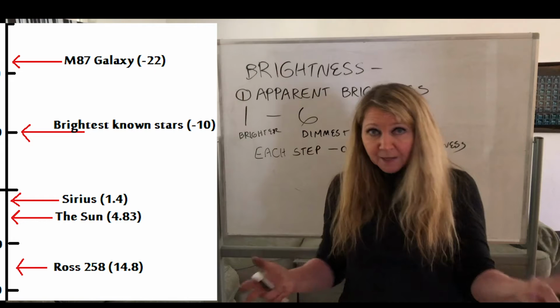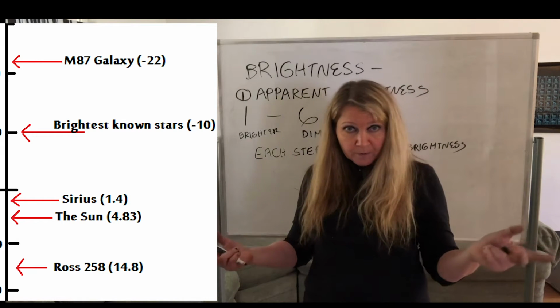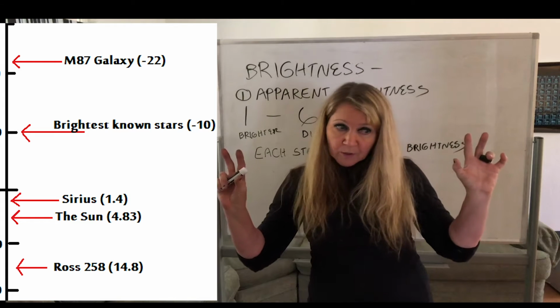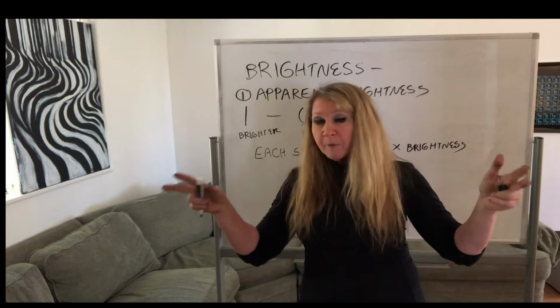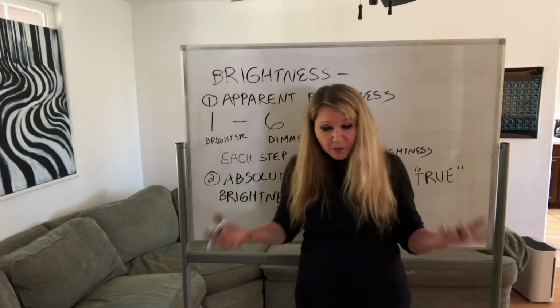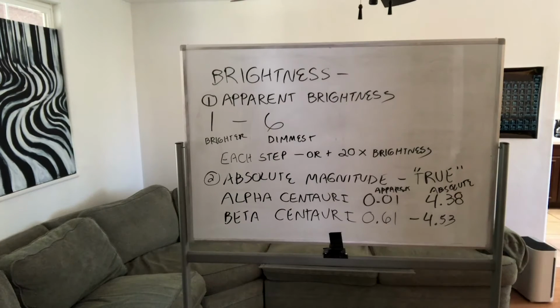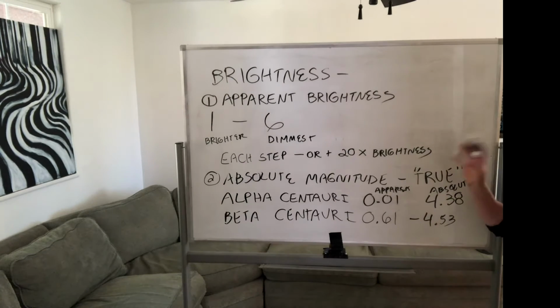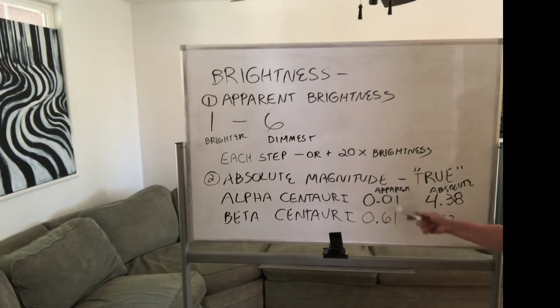The true magnitude of the stars is the true brightness of the star. So if the stars were the same distance from you, you compare the brightness there. The true brightness of the star is called the absolute magnitude of the star. Take Alpha Centauri: if you look up at the sky at night and look at their apparent magnitude, they're close.